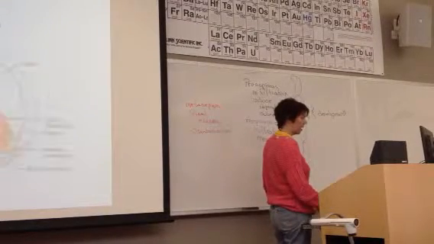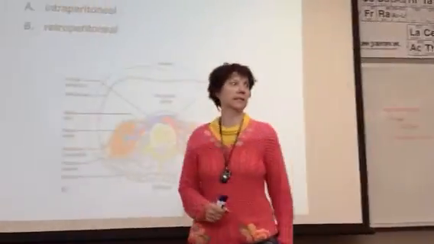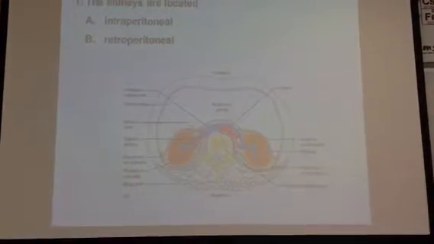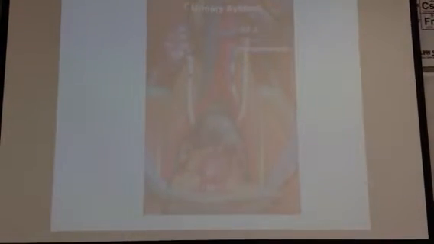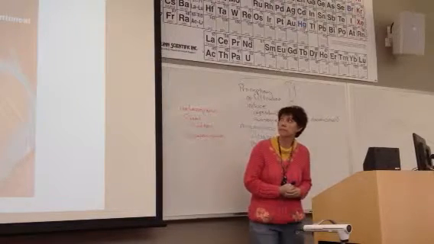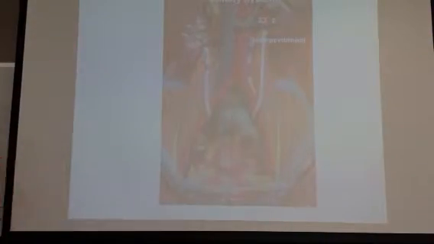So let's look at its location. So this is a cross-section of the kidney, and then we'll come back to that in just a moment. But in its full location here, the upper portion of the kidney is actually on the lower portion of the diaphragm. The top part of the kidney is on the diaphragm, because if I were to draw, I'll do it over here, you guys can actually see.